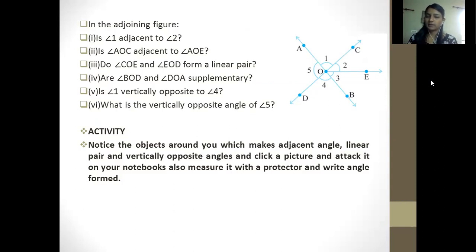And here is an activity where you have to notice objects around you which make adjacent angles, linear pairs, and vertically opposite angles. Click a picture and attach it to your notebooks. You can also measure the angles with a protractor and write them down. It is an interesting activity.